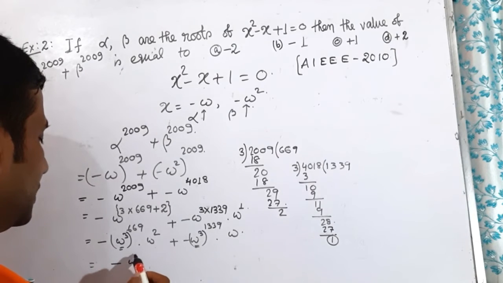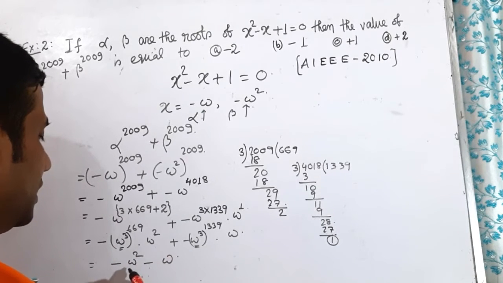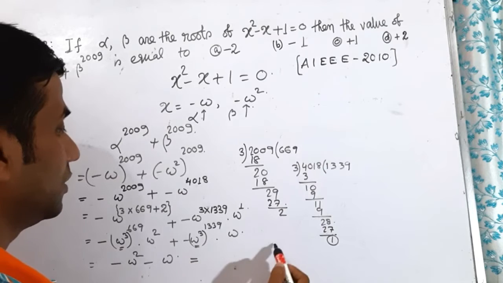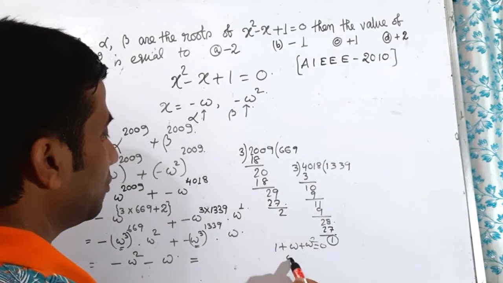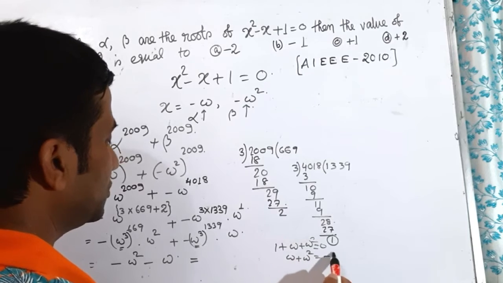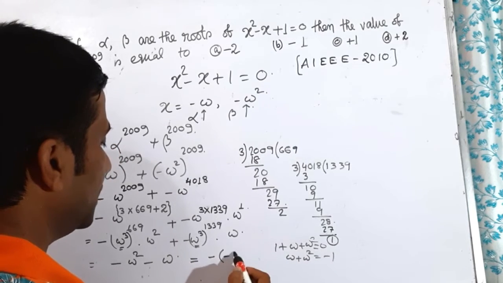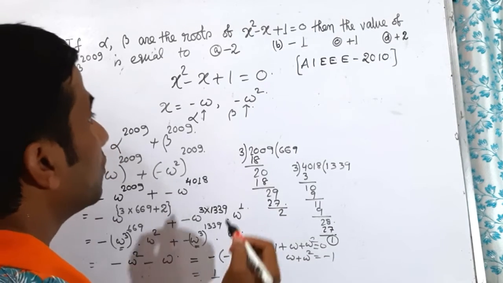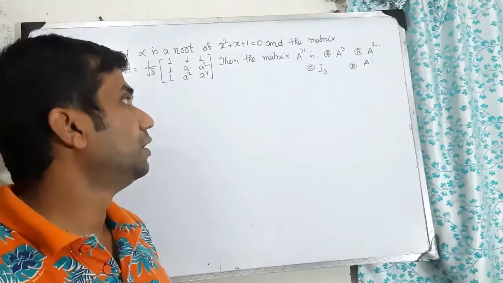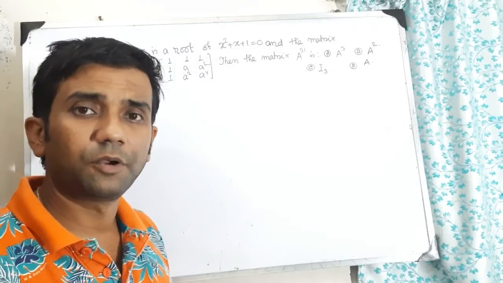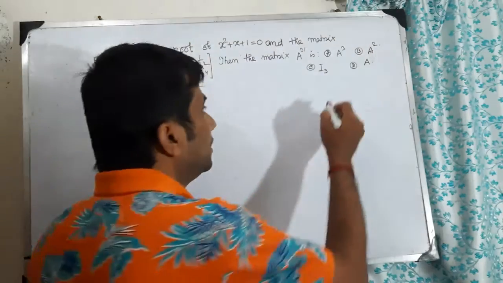That means this is omega square minus omega, and we know that 1 plus omega square is equal to 0, then omega plus omega square is equal to minus 1, and this is minus of minus 1, and your answer is 1. So C is the correct answer. This is the problem of JEE Main 2020.